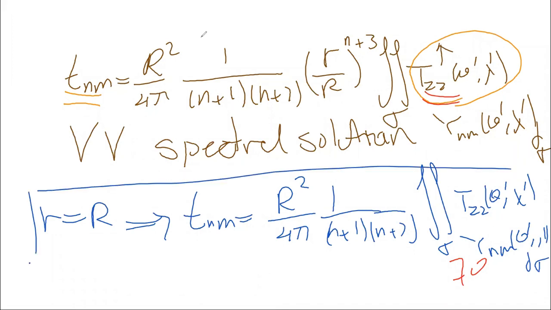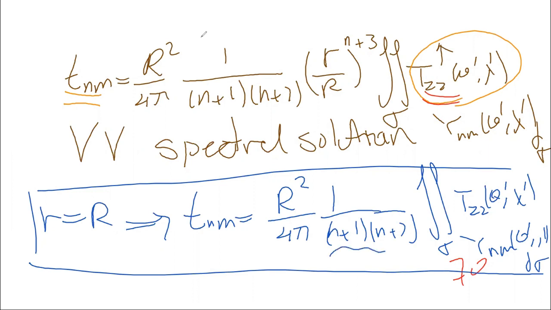So this also has the same property. Because of the presence of this one in the denominator, these high frequencies of T_zz will be recovered better from T_zz, from the spectral solution.